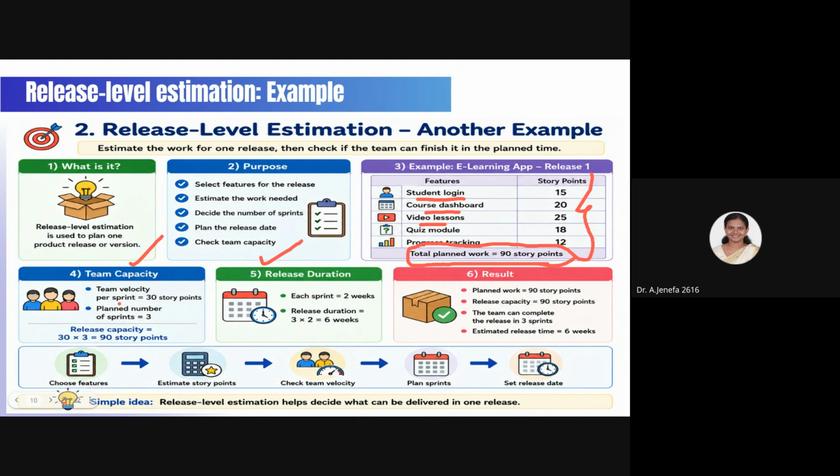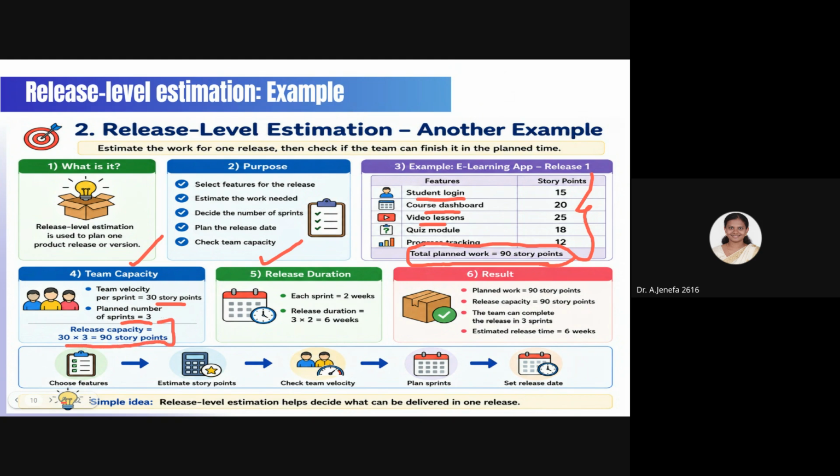Team velocity per sprint is 30. So in each sprint, the team members can complete 30 story points. The number of sprints planned is 3. If the team can complete 30 story points in each sprint, then with 3 sprints, 30 into 3 is 90.